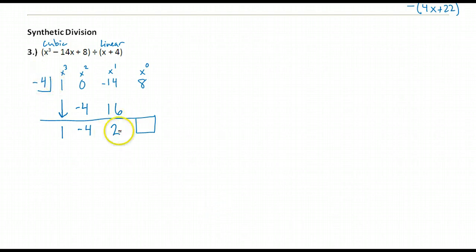Negative 4 times 2 is negative 8. Negative 8 I'm going to write right here and then add. So the algorithm is drop this first number straight down, multiply, add, multiply, add, multiply, add.